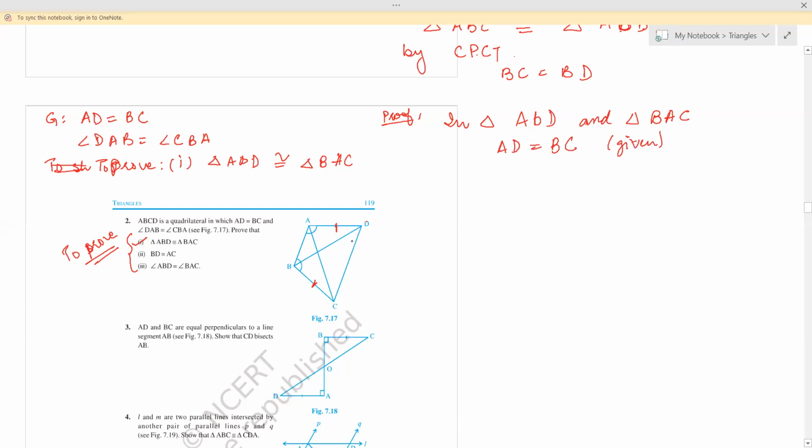Now second information is also given that angle A is equal to angle B. So we can write angle DAB is equal to angle CBA. This is also given. So we have one side and one angle, right? We need another side or another angle, isn't it?